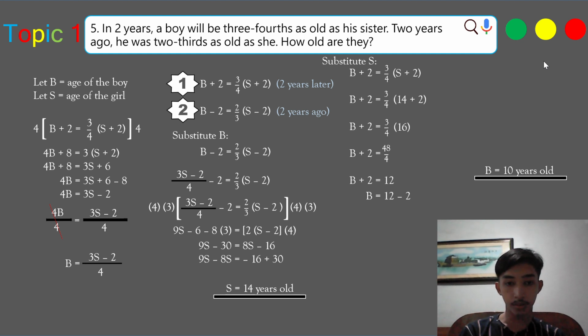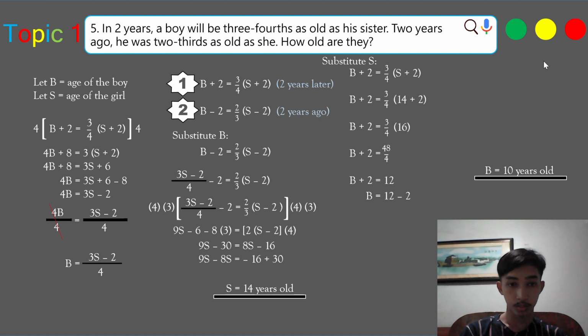So we have 9S minus 30 is equal to 8S minus 16. So let's transpose the S variables to the left side. So we have 9S minus 8S is equal to negative 16 plus 30.